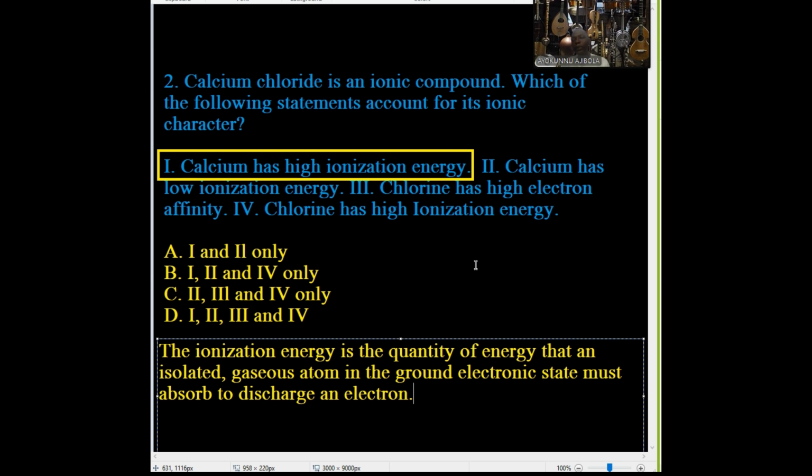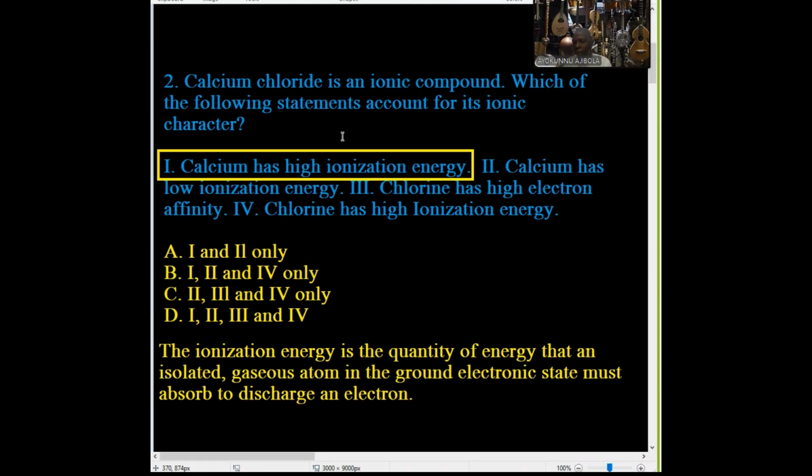So when we compare calcium and chlorine, chlorine has more electrons in the outermost shell, which is 7. Calcium has 2 electrons in the outermost shell. So 7 is greater than 2. So definitely the one with 7 will have higher ionization energy.